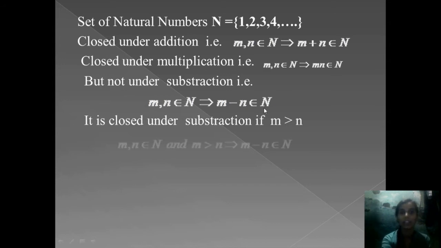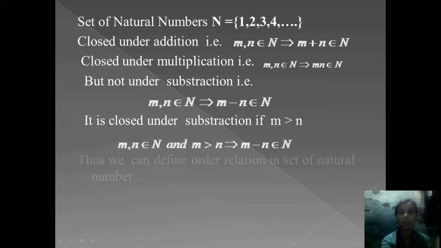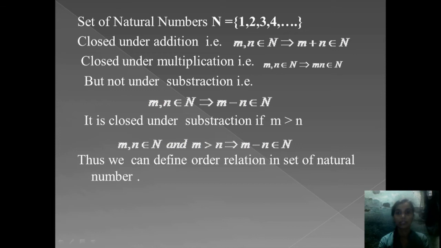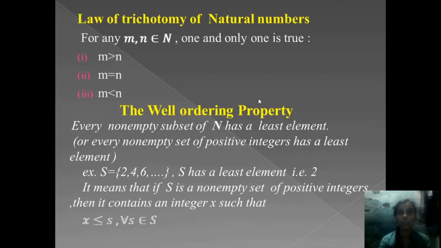Okay, so there is an order relation in the set of natural numbers. That is, we say that some number is greater than something, right? So there is an order relation defined on the set of natural numbers. 1 is less than 2, 2 is less than 3, 3 is less than 4. In the same way, depending on this order relation, we have the law of trichotomy of natural numbers.